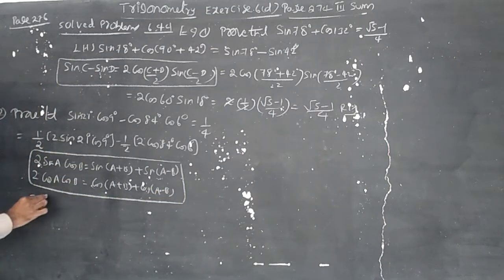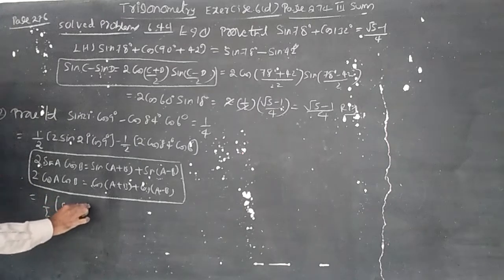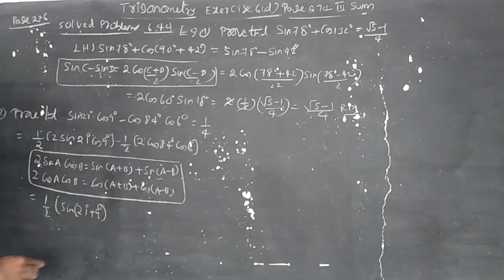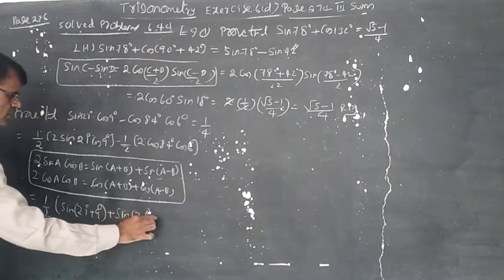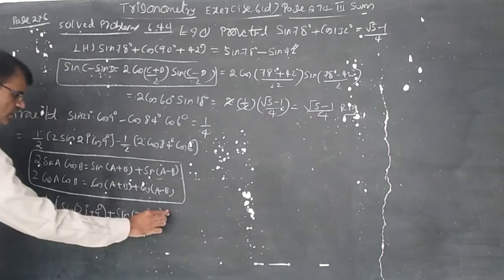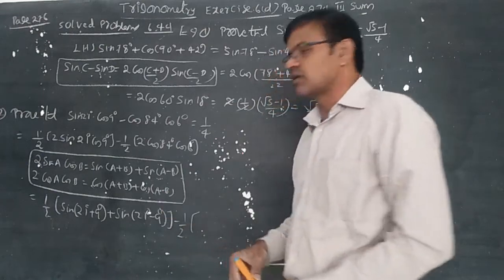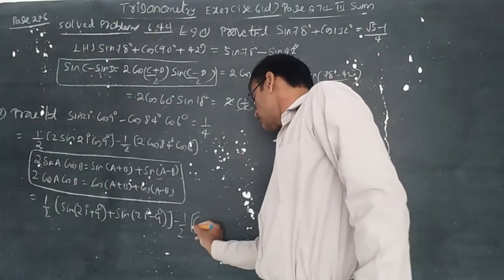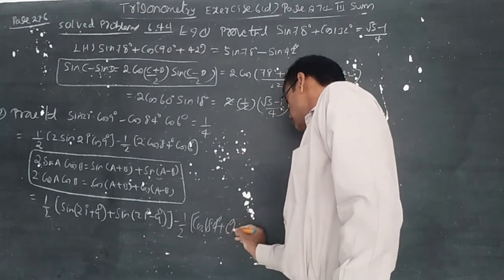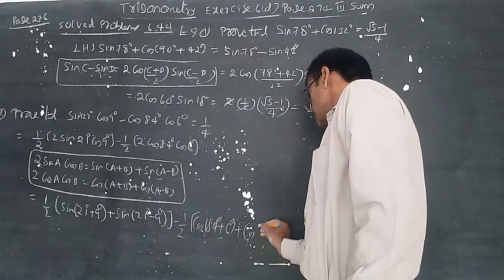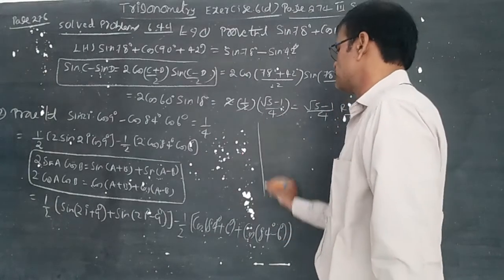According to this formula you apply now: 1 by 2 into sine of, here A meaning 21, B meaning 9, so 21 plus 9 degrees plus sine of 21 minus 9 degrees, keep a bracket here, it is a minus term, minus 1 by 2 into, in a similar way, the second formula applied here: cos of 84 plus 6 degrees plus cos of 84 minus 6 degrees.